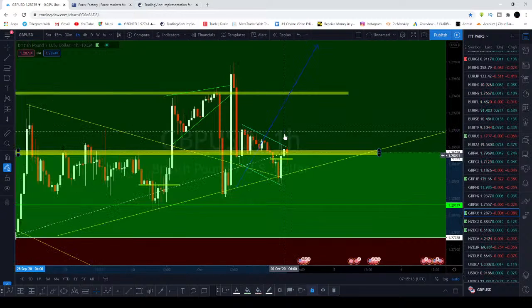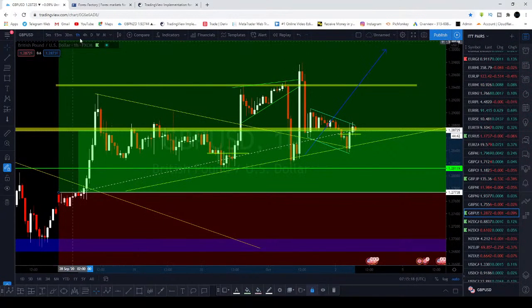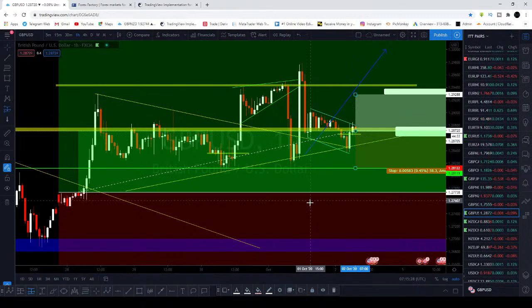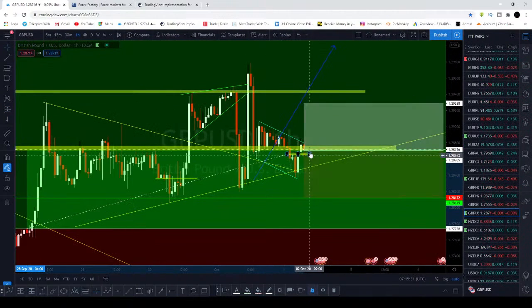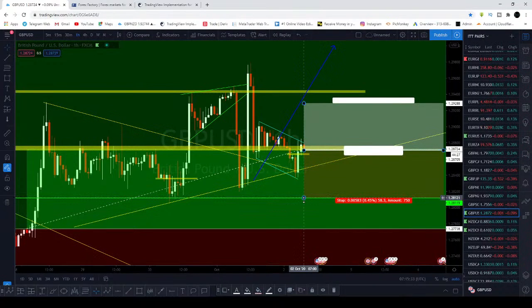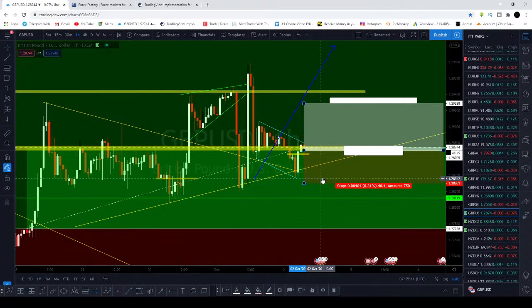Try and get in with small lot size first. If you want to just get in right now, we'll be risking about 40 pips. Of course, there's a reason why I'm putting my stop loss right here. Of course, the stop loss is supposed to be down somewhere here, right? But right now, I'm interested in putting my stop loss right there.